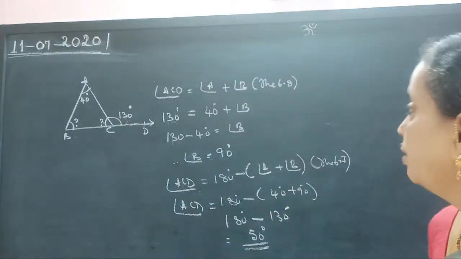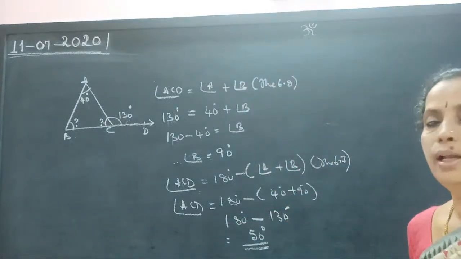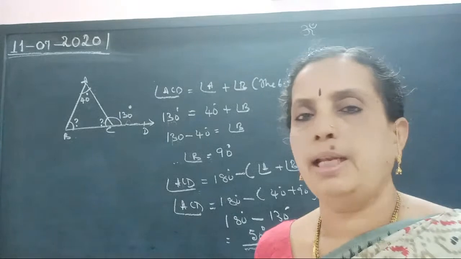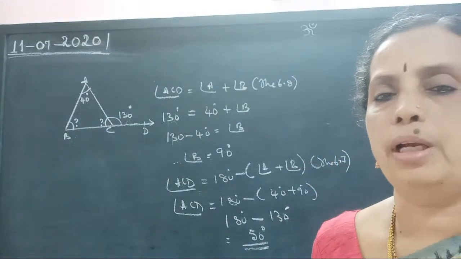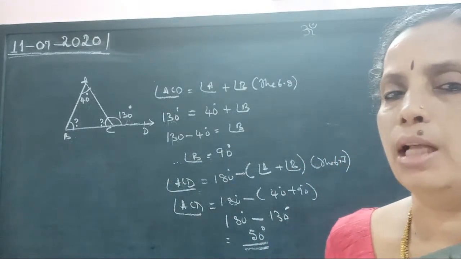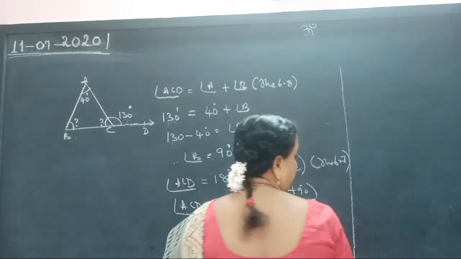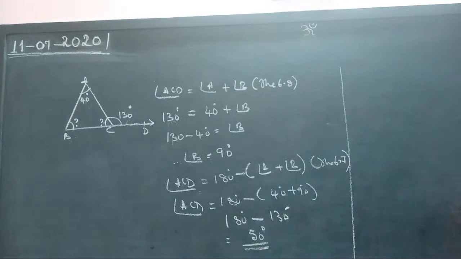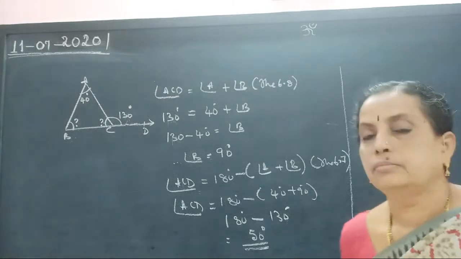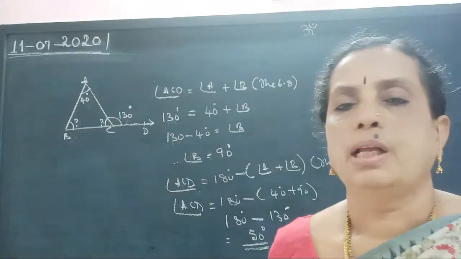So you have to give the reason in the bracket and write up the steps clearly. That is most important. Orally we can give the answer, but we require the steps involved to get the final answer. Is it clear? Yes.